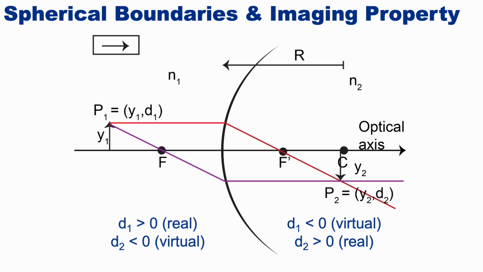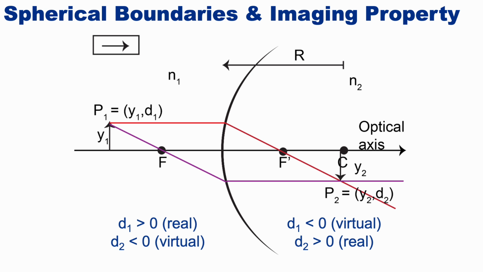Another difference between the spherical boundary and the mirrors is the sign convention. In the mirrors, we were saying that the real objects and images are located on the left side, whereas the virtual objects and images were located on the right side.